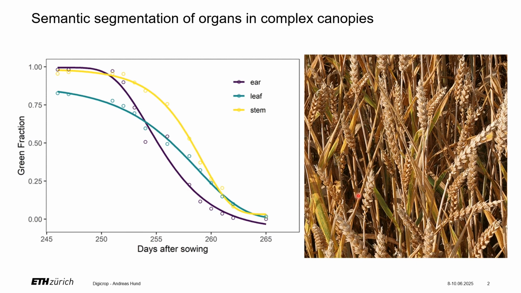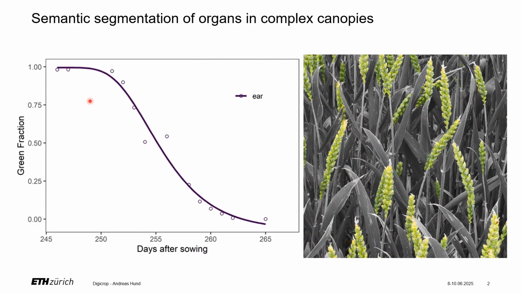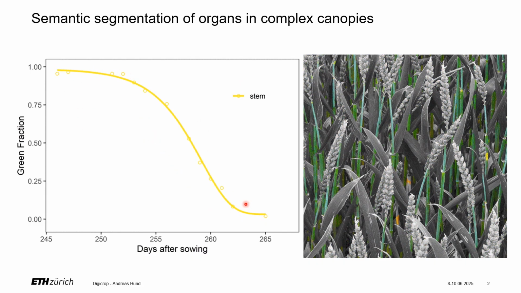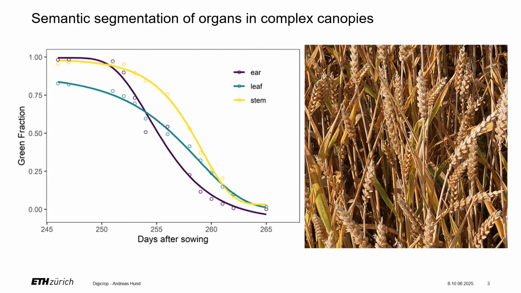And what you can see here is that you can now follow these different organs, the stems, for example, through the season, and you can then take the organ which makes most sense, for example, for physiological maturity, which is the stems.